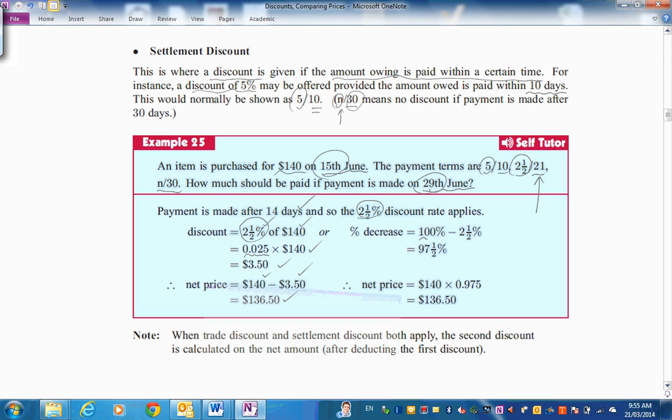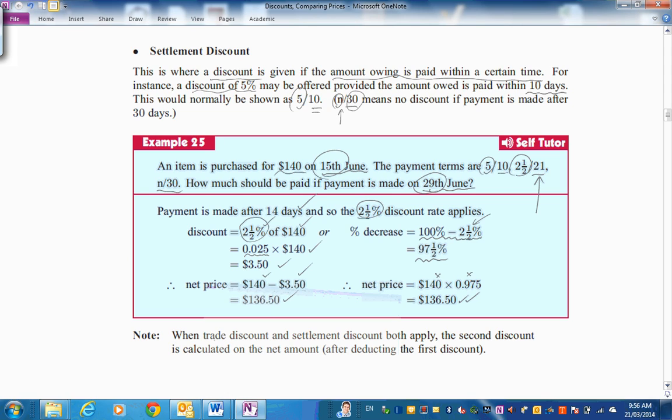Or you could say, because we've done it within 21 days, we save 2.5%, take it away from 100, that's only 97.5% we have to pay. So it's 140 times 97.5% as a decimal, divided by 100, 0.975, is $136.50. Same idea.